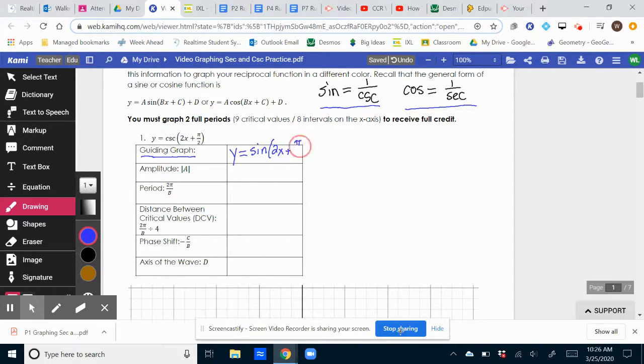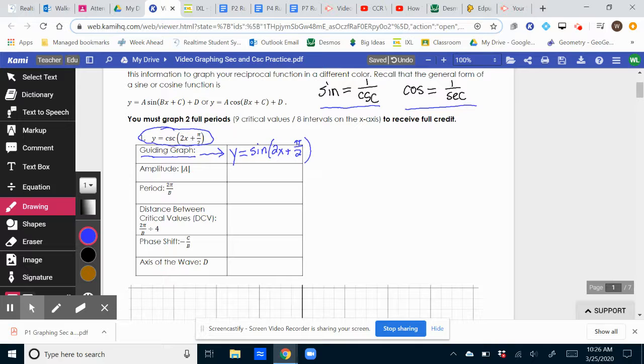And if it's secant, you change the word SEC to cosine, COS. So we're going to start basically by graphing this guiding graph with a dashed line, and you'll see how that will help us transform it into this secant graph.